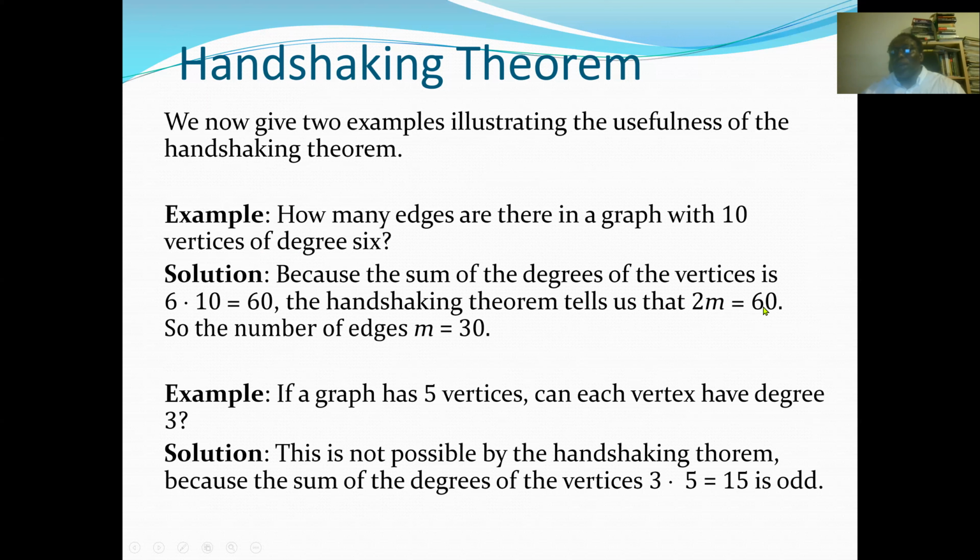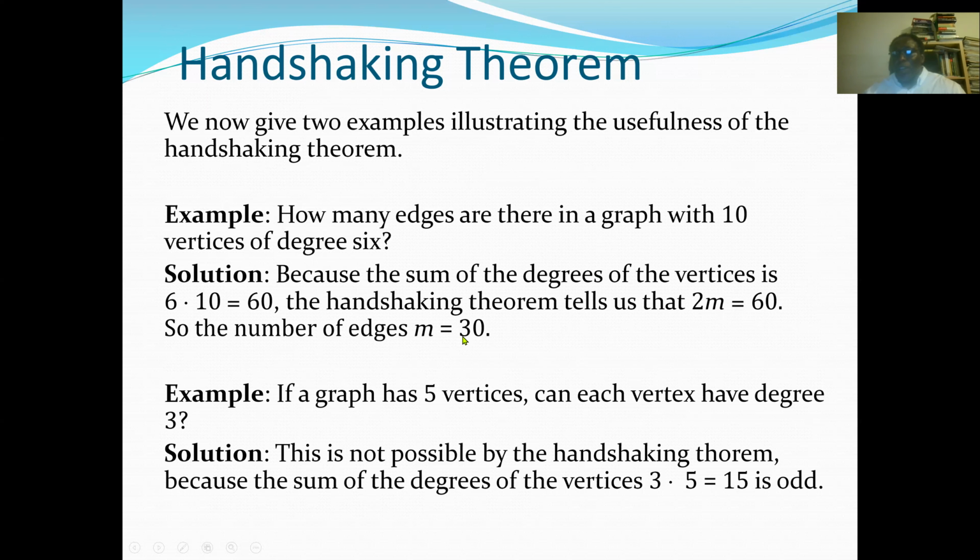The sum of all the degrees is 6 times 10, which is 60. So 2m equals 60, because each edge has 2 endpoints. So the answer will be 30.